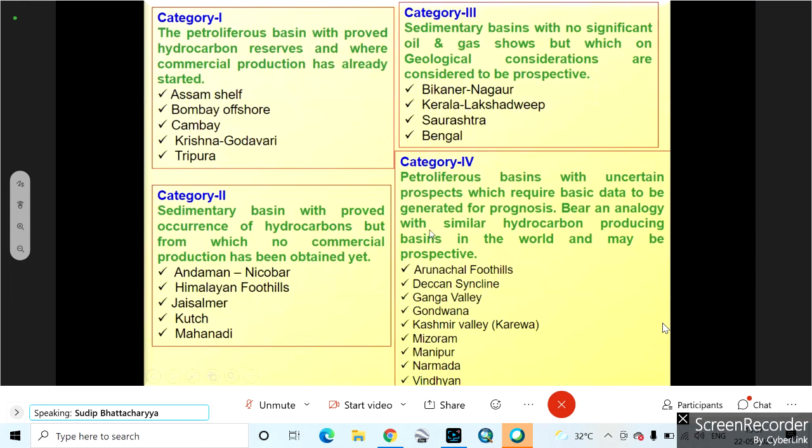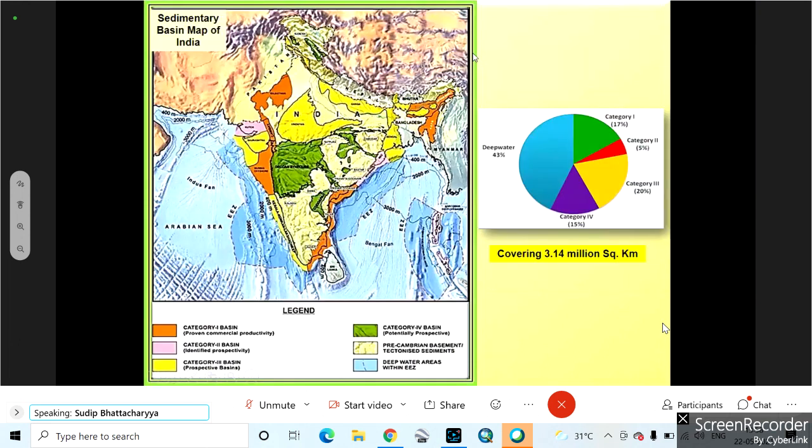We will know what these category 1, category 2, category 3 and category 4 actually tell us, and what the structural and tectonic implications are. Go to the sedimentary basin map of India. Here categories 1, 2, 3 and 4 are marked. Category 1 is this orange color.